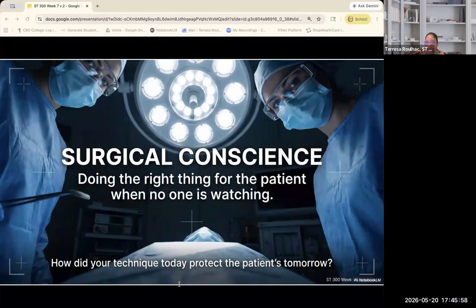We always come back to that surgical conscience. This is not about rules. It's just about who we are as CSTs. Every sterile decision that we make does affect wound healing. It affects how our patients recover, how long they have to stay in the hospital.